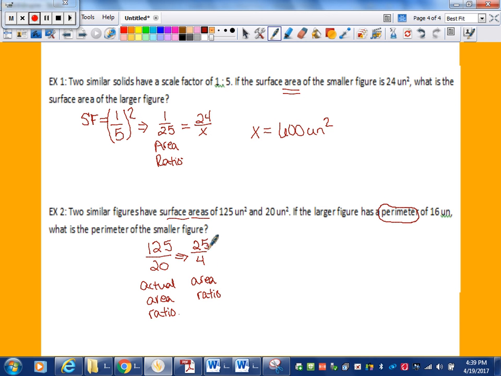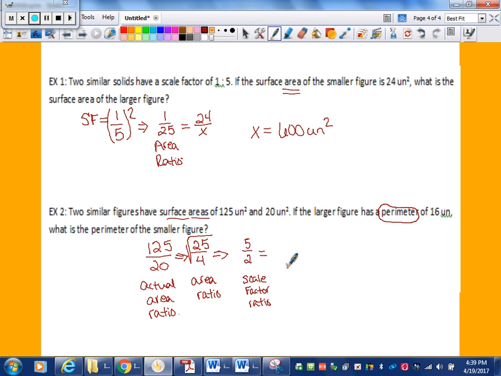Okay. 25 over 4. But I don't need that because I'm talking perimeter. Perimeter is length. So I need to go down to my normal scale factor ratio. And to do that, I square root my area ratio. And that becomes 5 over 2.